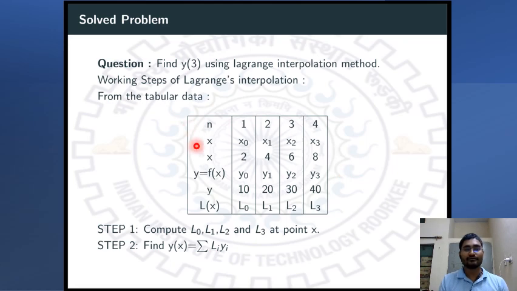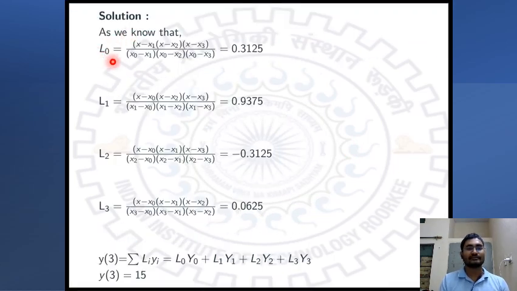The given values of x are 2, 4, 6, 8, and the y values are 10, 20, 30, 40, and the number of data points is 4. As we know, L0 is equal to (x minus x1)(x minus x2)(x minus x3) over the corresponding denominator.